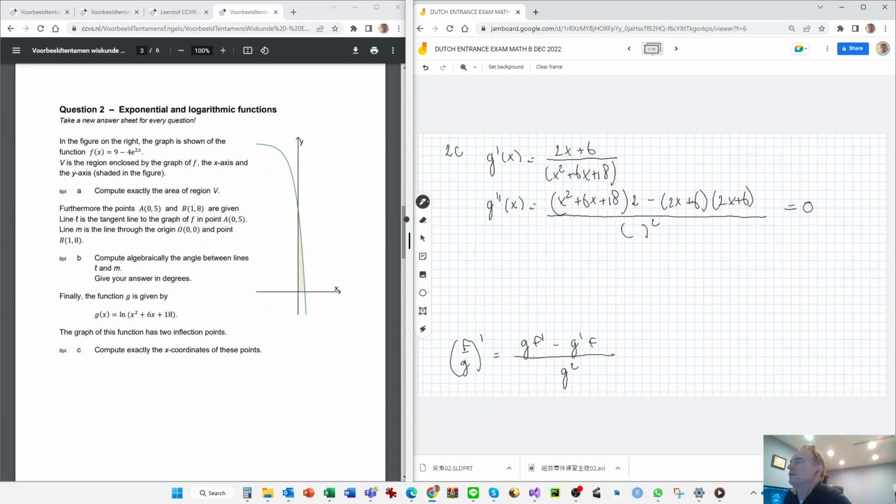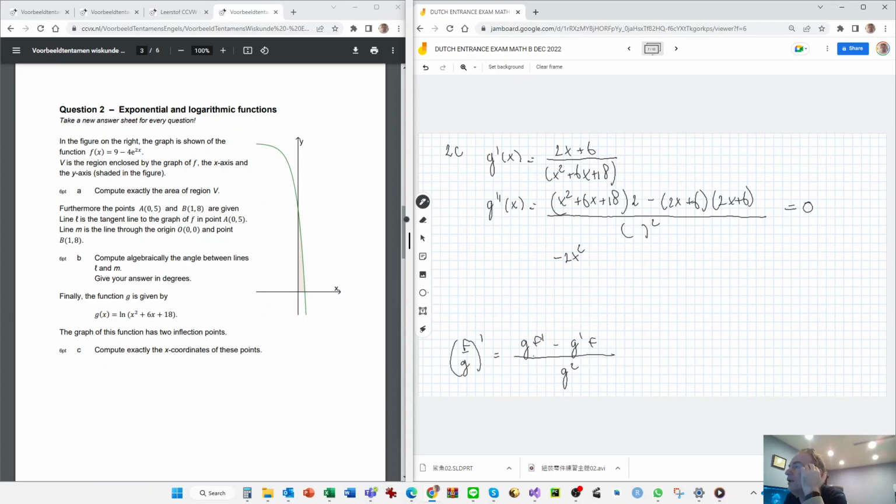So let's just look at all the quadratic terms. You get 2x squared, and here you get minus 4x squared, so you get minus 2x squared.